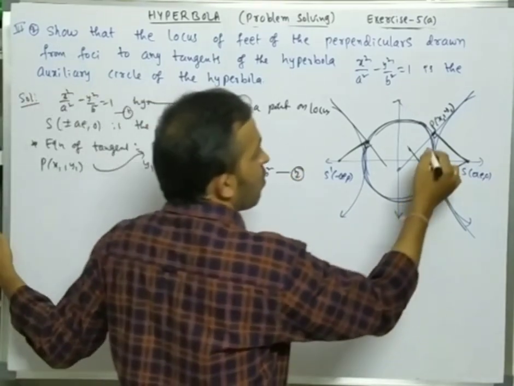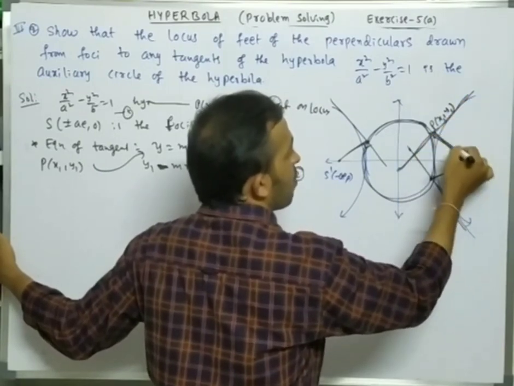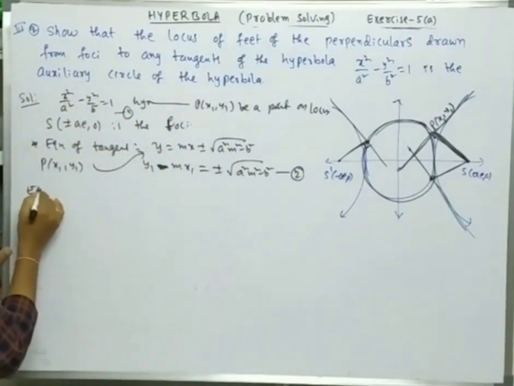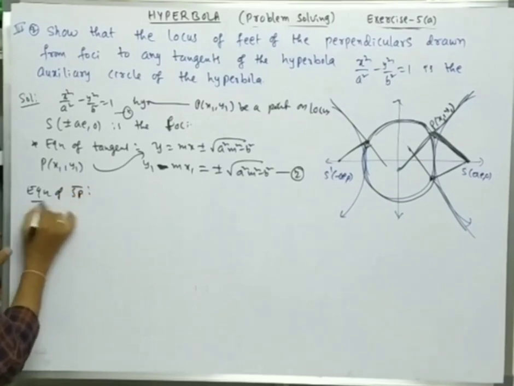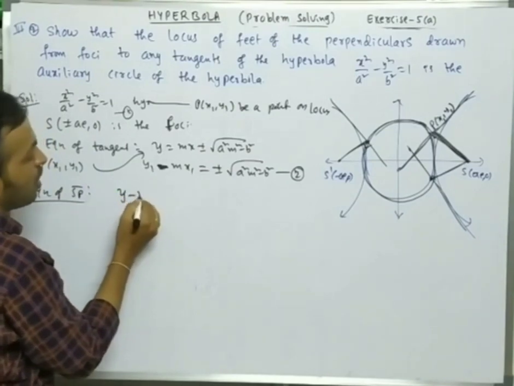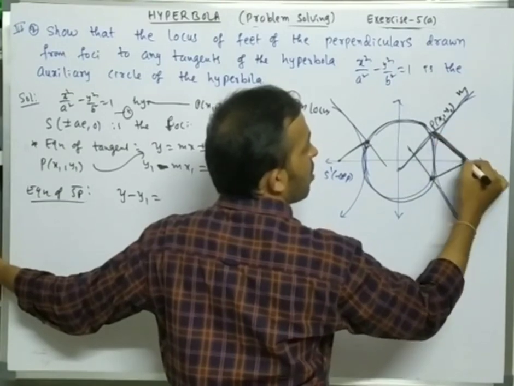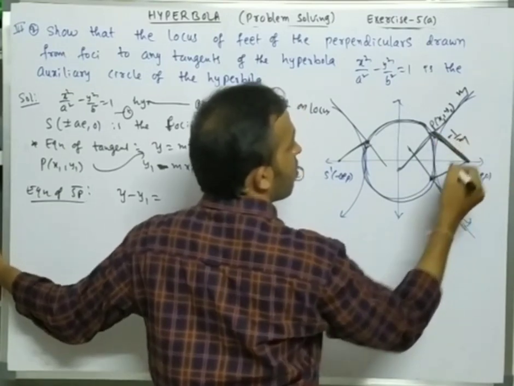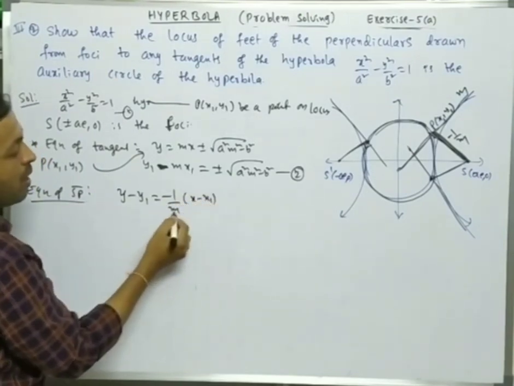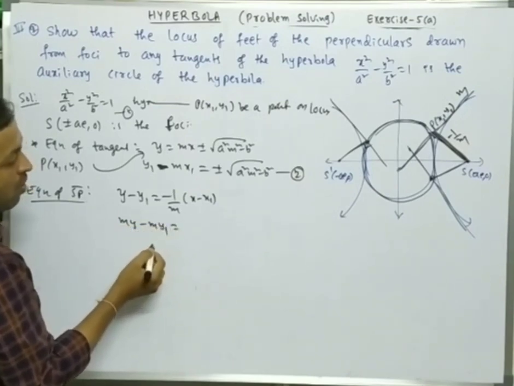Okay, now SP is perpendicular, P is the foot of the perpendicular from the focus, right? So I am going to find the equation of SP. Equation of SP is, the point is x1 y1, so y minus y1 is equal to slope. Slope of the tangent is m. Slope of this perpendicular is minus 1 by m. So equation of SP is minus 1 by m into x minus x1, right?